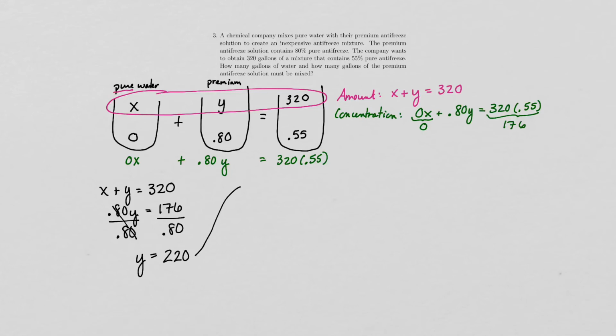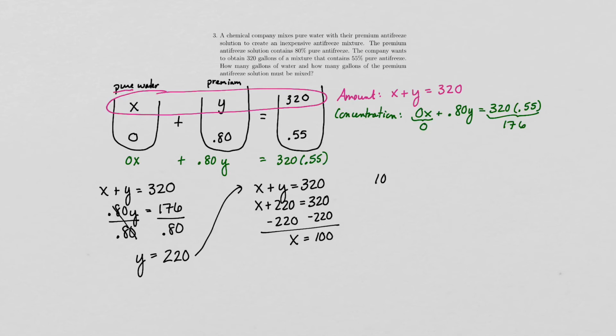And then we're going to plug that back into x plus y equals 320. So x plus 220 equals 320. So I'm going to subtract 220 from both sides. So x is going to be equal to 100.